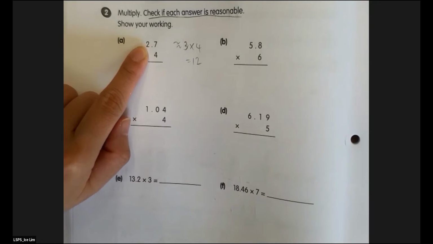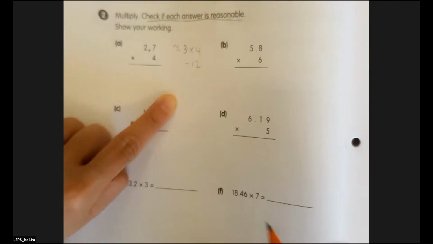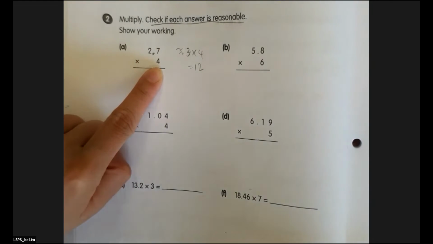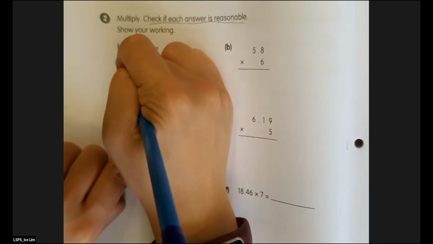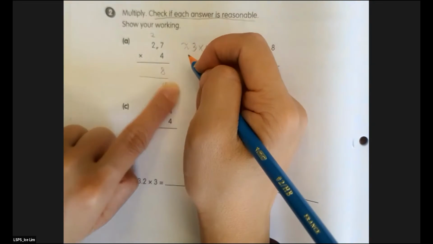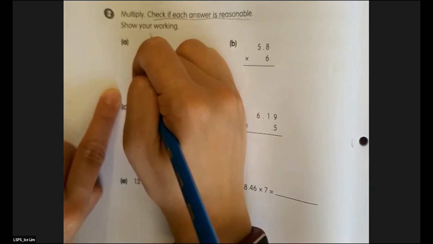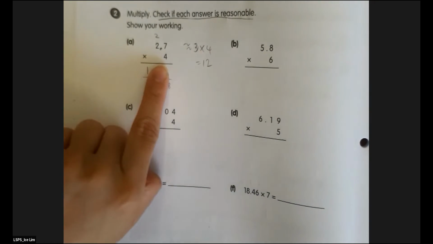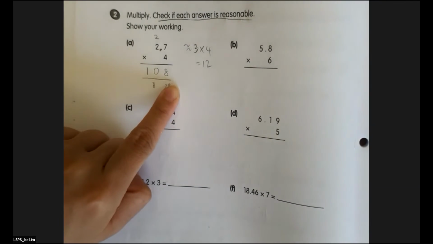Now let me check my working. I do my working as with any multiplication. I do it 37 times 4. Then do it as how you would. 7 times 4 is 28. I put a 2 here. 2 times 4 is 8. 8 plus 2 is 10. Now, 27 times 4 is 108.